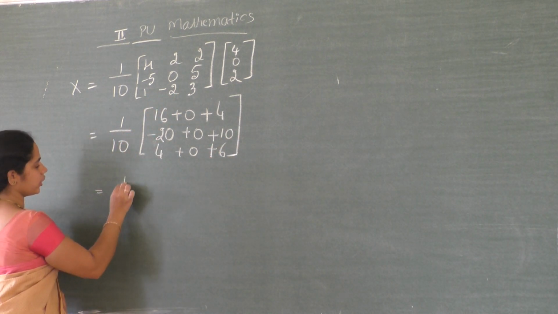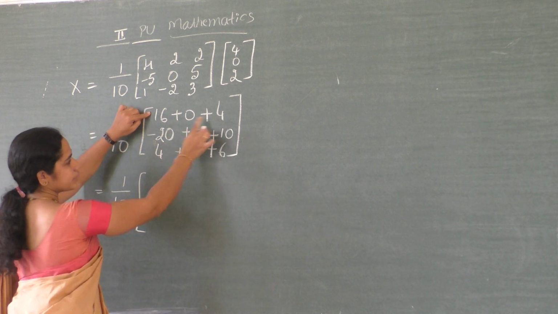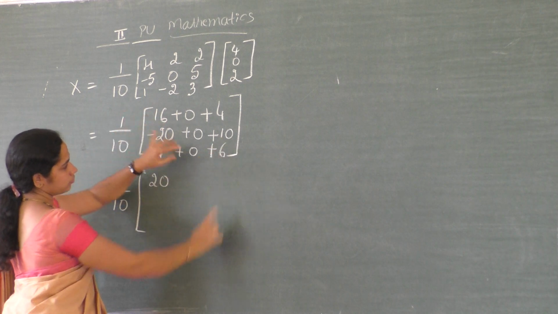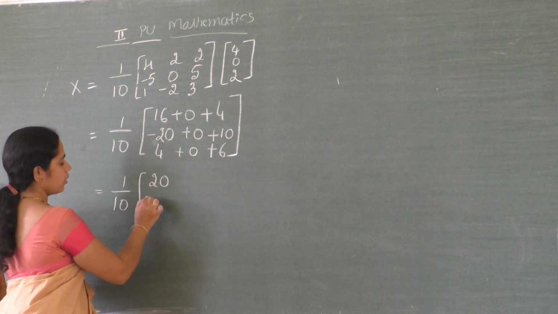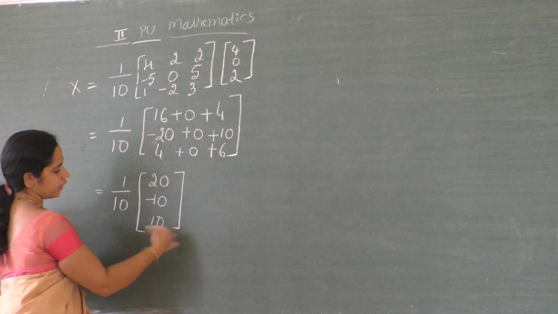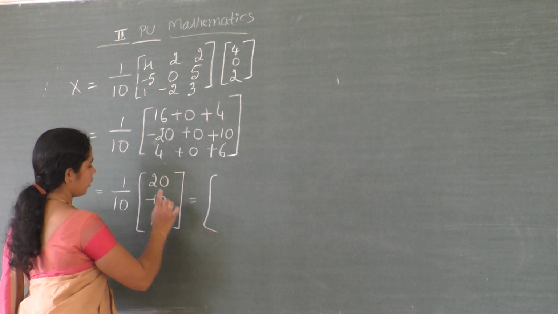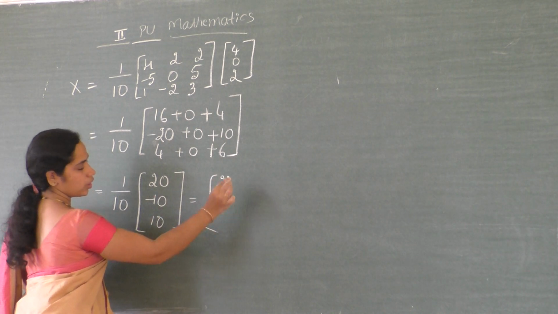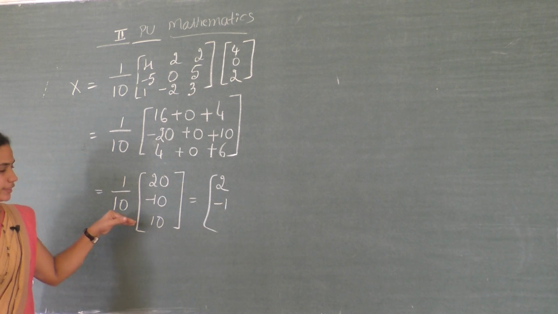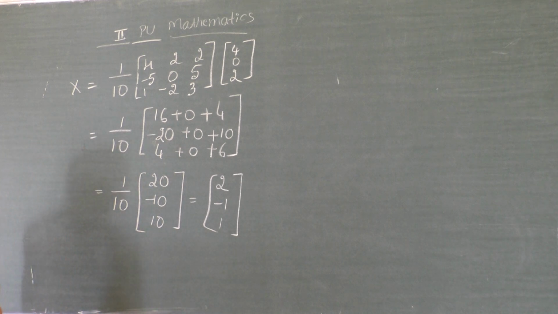This is equal to 1 by 10 into 16 plus 4, 20, minus 20 plus 10, minus 10, 6 plus 4 is 10. Now this is 20 by 10, minus 10 by 10, minus 1, 10 by 10 is 1.